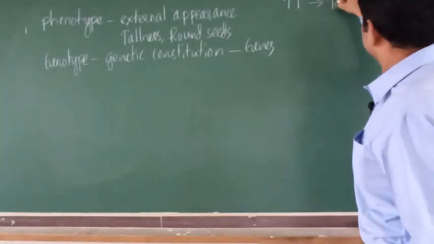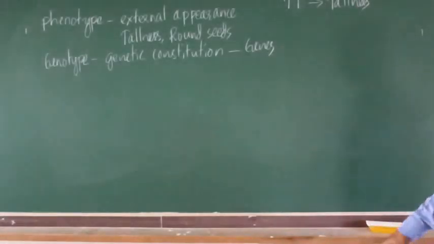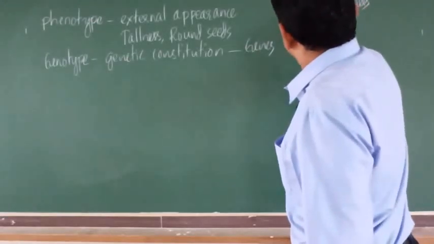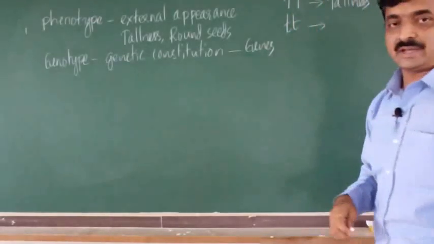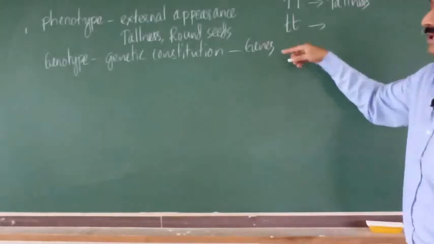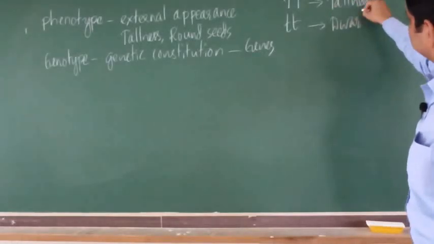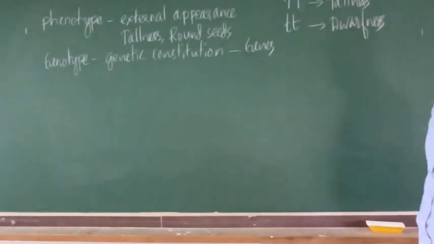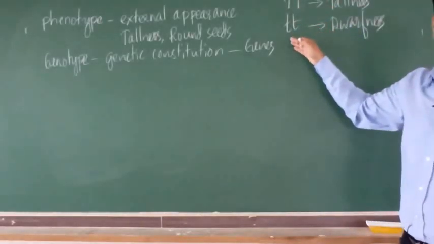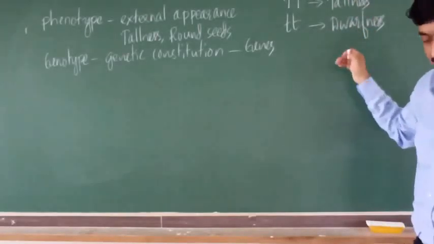It controls tallness, right? Similarly, this is another genotype in pea plants. So which phenotype does this genotype control? Here it controls dwarfness, right? So these are a few examples of genotypes in pea plants which control the phenotypes, right?